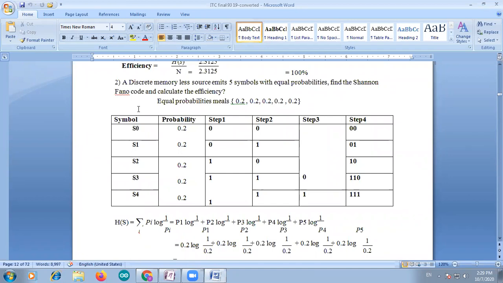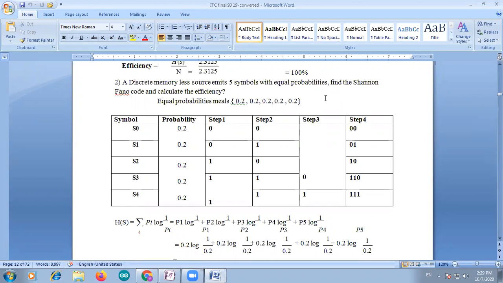A discrete memoryless source emits 5 symbols with equal probabilities. Find the Shannon-Fano code and calculate the efficiency.